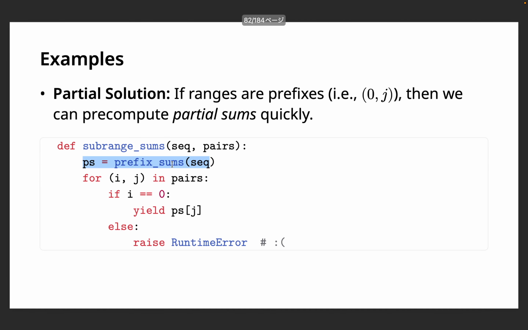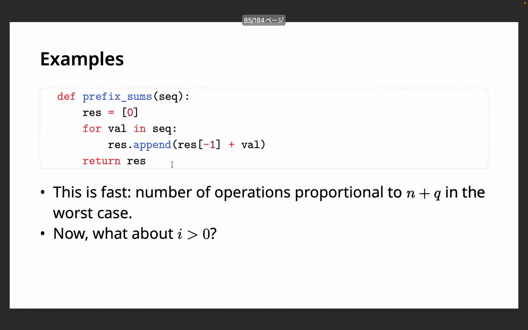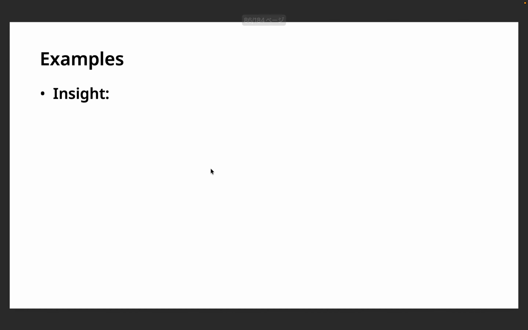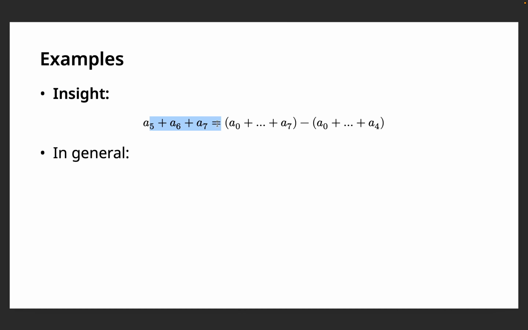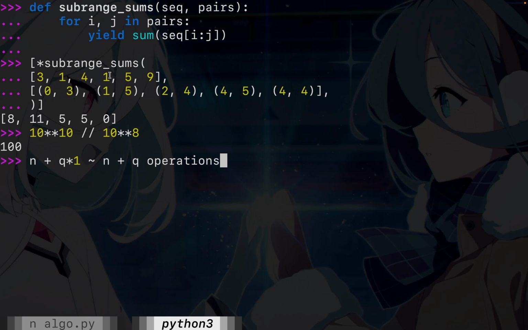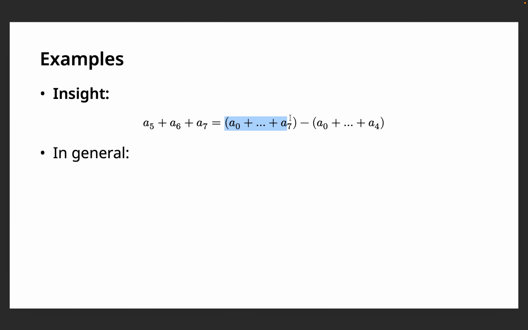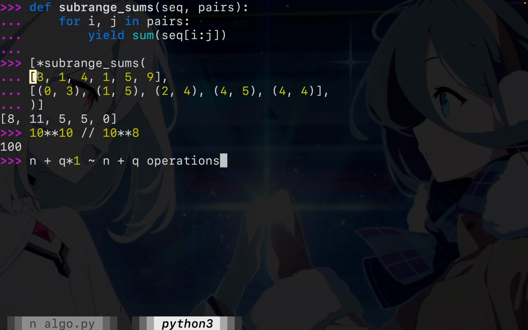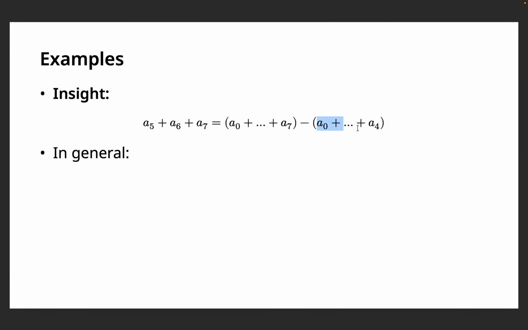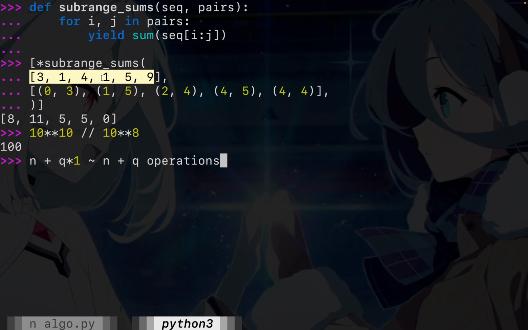Alright, so how do we now handle the case if i is greater than 0? If i is greater than 0, we can use an important insight. If we want any subarray, let's say 1, 5, 9, that's just the sum of everything until 9, the sum of all of this, minus the sum of the first few elements before 1.